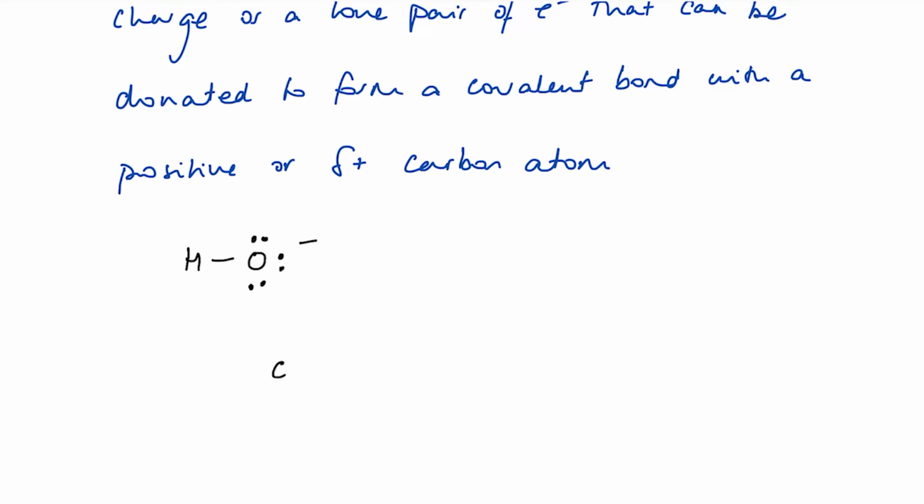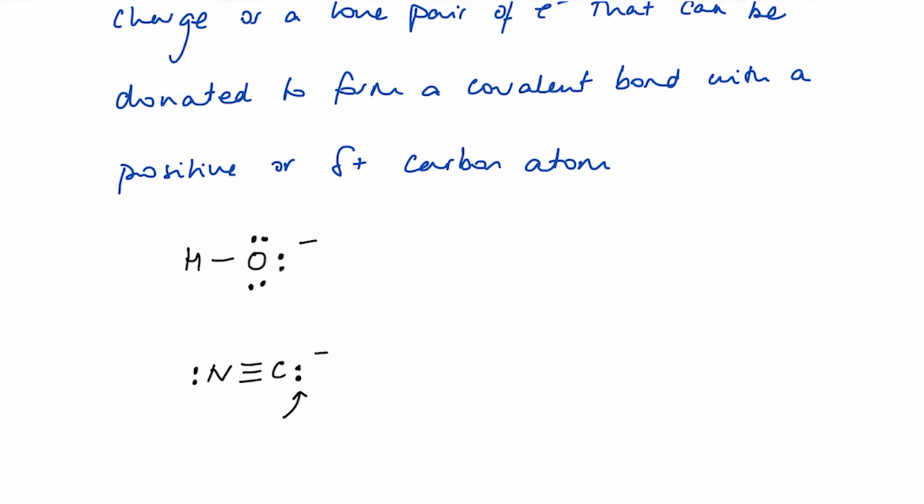Cyanide ions, this is an important nucleophile because it's a good way to add an extra carbon atom to a molecule to elongate our carbon skeleton. Nitrogen, of course, has a lone pair, but actually in a cyanide ion, negatively charged, so does the carbon. And it's this lone pair here that is going to be part of the reaction mechanism.